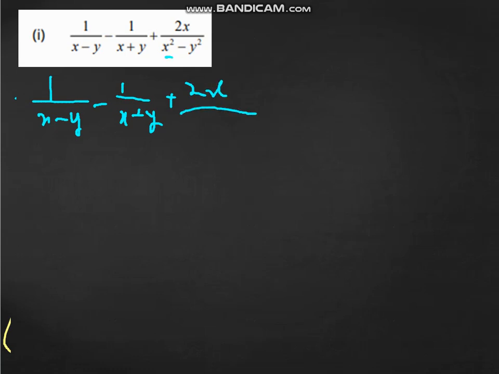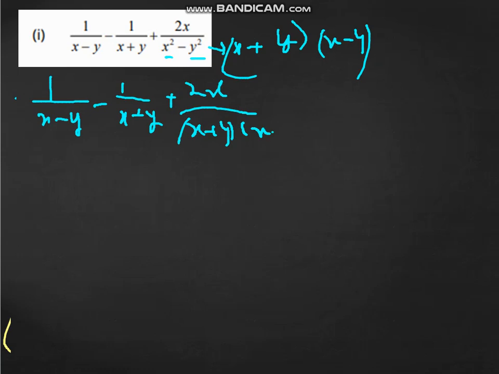So as you know, these two are squared, so this will make x plus y, x minus y, right? So we'll just write this down, x plus y, x minus y. Okay, now that we've factorized the denominators, we're going to do the LCM. Let's look at the first term.